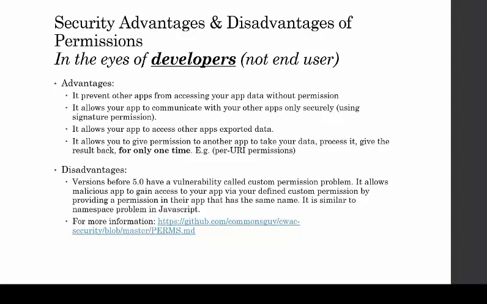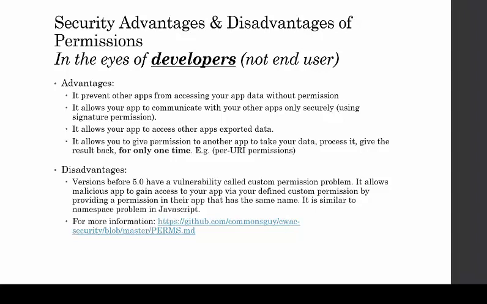It allows your app to access other apps' exported data. It allows you to give permission to another app to take your data, process it, and give the result back for only one time, for example, per-URI permissions.